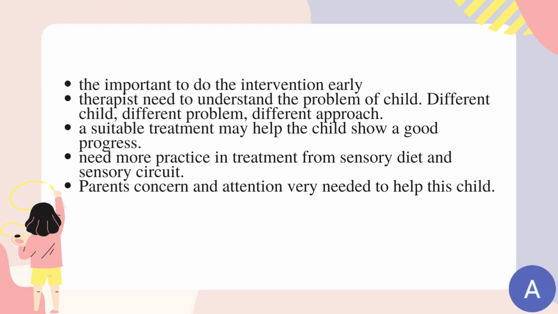The conclusion of this topic is that it is important to do early intervention, so we can detect problems early and help the children earlier. The second is that therapists need to understand the child's problem, because different child, different problem, different approach.